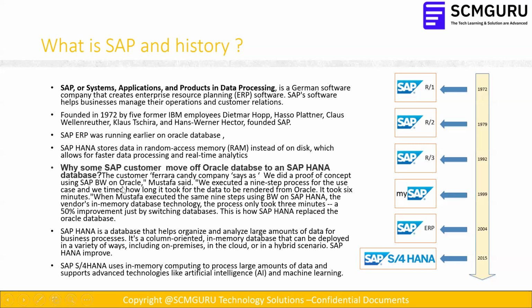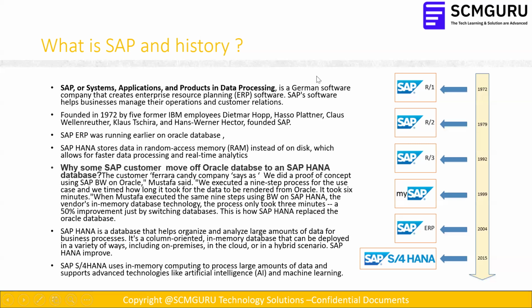If you see the case study here, when Mustafa executed the same 9 steps using BW on S4HANA, it took only 3 minutes to complete. Whereas when they used SAP on Oracle, it took 6 minutes. So that was an improvement. This is how SAP moved all their customers from Oracle to the SAP HANA database.